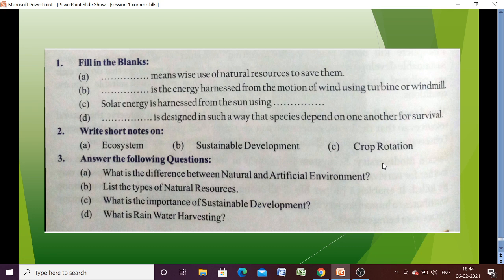So when we are talking about natural and artificial environment, then what is the difference between these two environments? I hope this can be very easily written by all of you, that a natural environment consists of all the living and non-living things. So it encompasses the interaction of all living beings, climate, and natural resources.